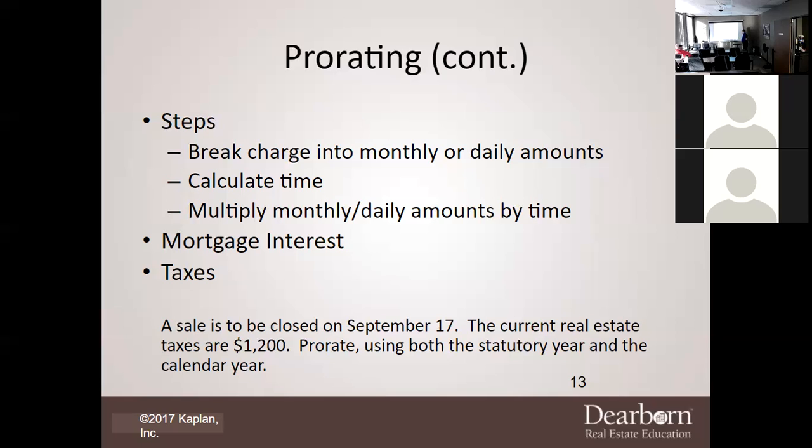So that's based off of a statutory year. If it was a calendar year, what would you do? There are 30 days in September. Yep, so it's the same thing. Very good. But if there were 31, what would you do? Take 100, divide by 31, multiply by 17, and that gives you your number. Pretty simple.